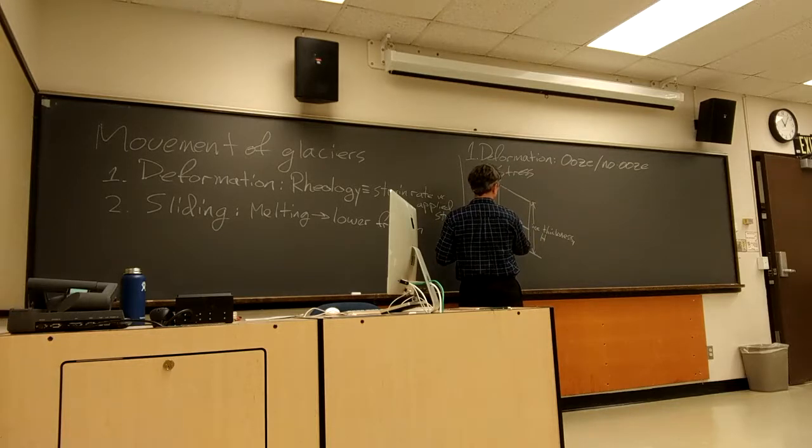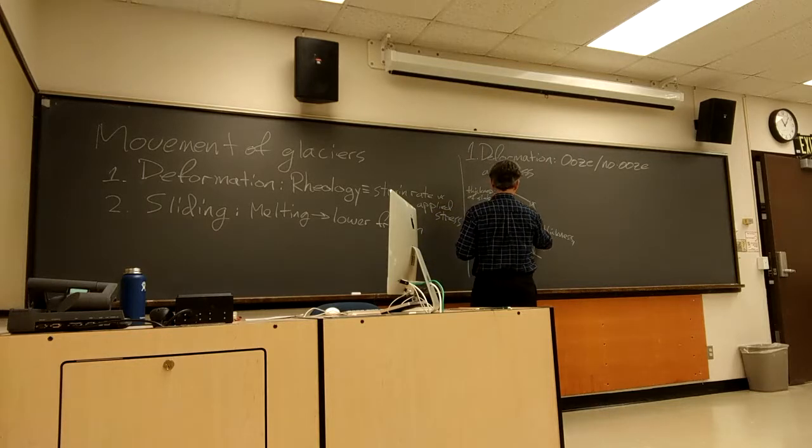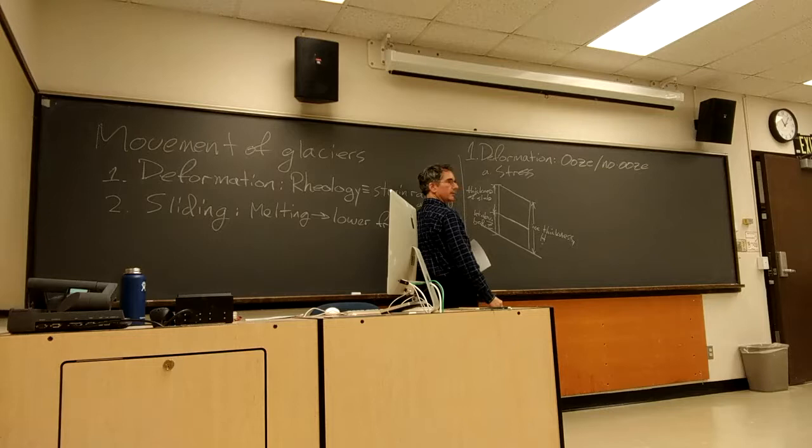We want to consider what's going on at this arbitrary location within the ice, and that arbitrary location is at height z above the bed. And therefore, the thickness of this slab above that arbitrary point is just the total thickness minus z.